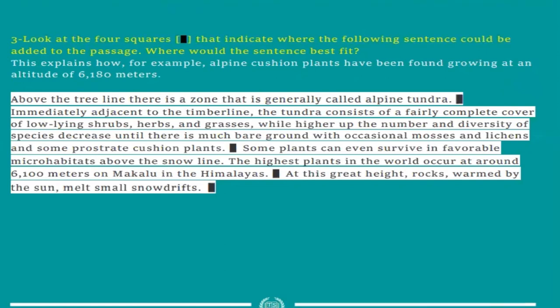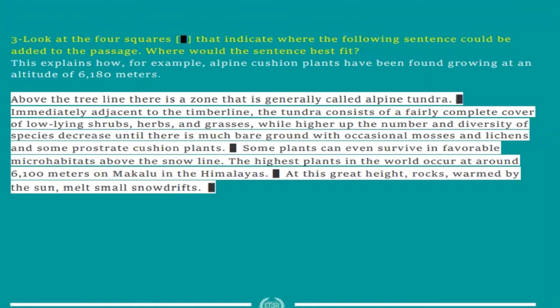Okay, this explains how, for example, alpine cushion plants have been found growing at an altitude of 6,180 meters. Above the tree line, there's a zone that is generally called alpine tundra.